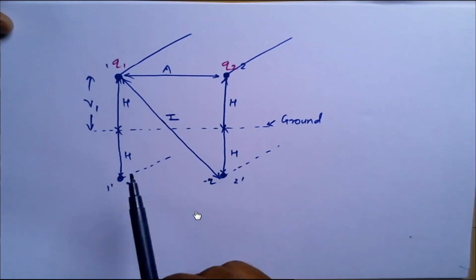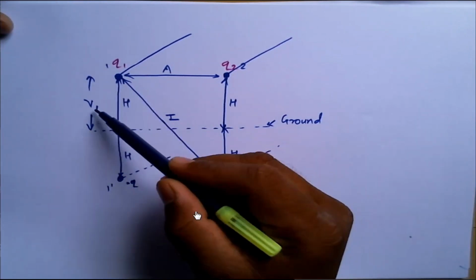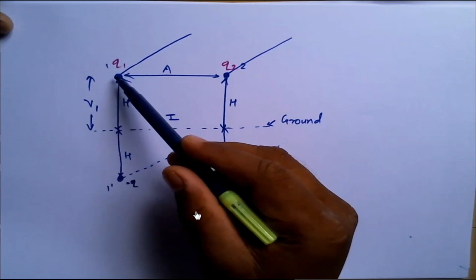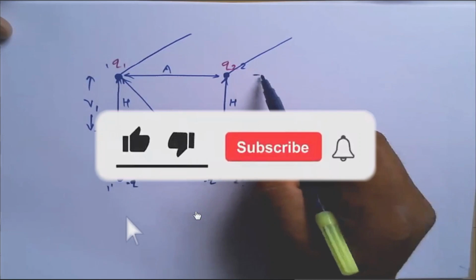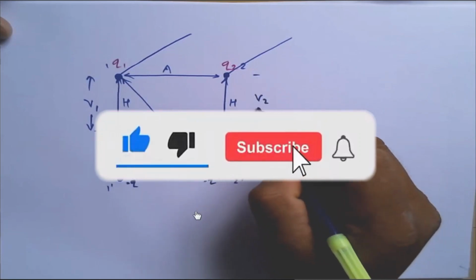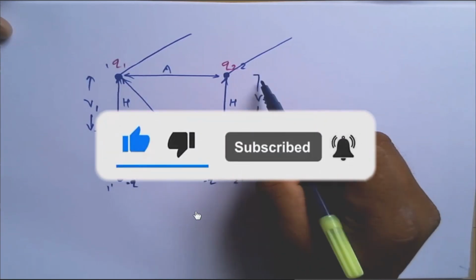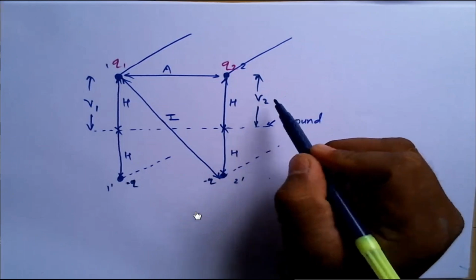Conductor 1 is having potential with respect to ground V1, and conductor 2 is having potential with respect to ground V2. And you know that the potential difference V is equal to Q upon 2 pi epsilon 0 epsilon r ln of 2h upon rho.